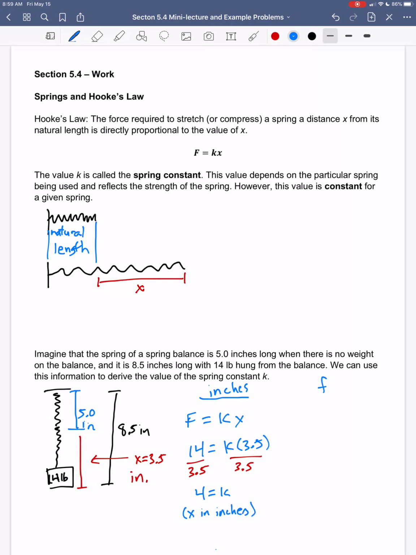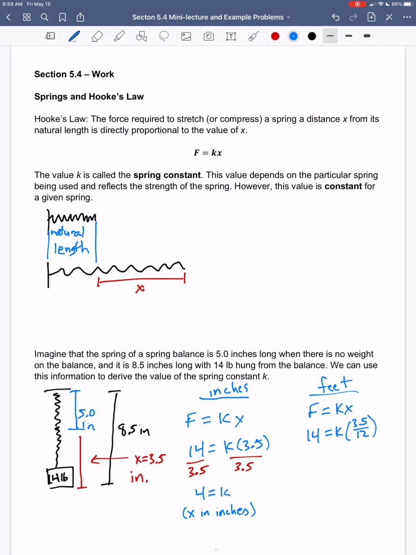Now, I can also look at feet. It's still F equals k times x. F is still 14 pounds, but now x is 3.5 inches out of 12 inches, right? So 3.5 out of 12 if I'm going to be converting to feet.